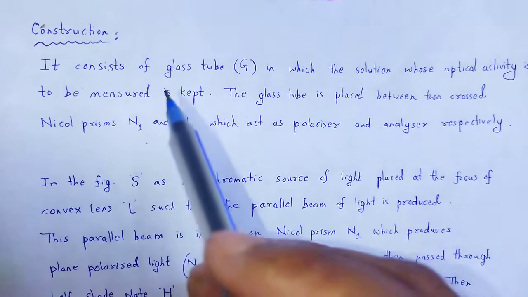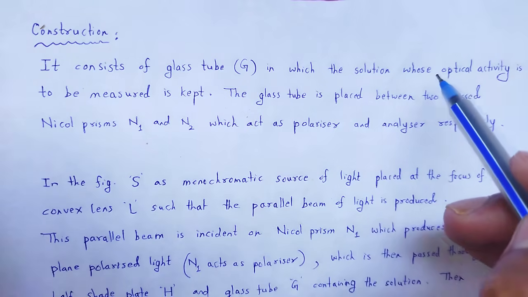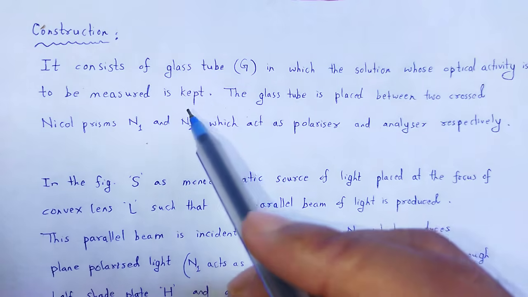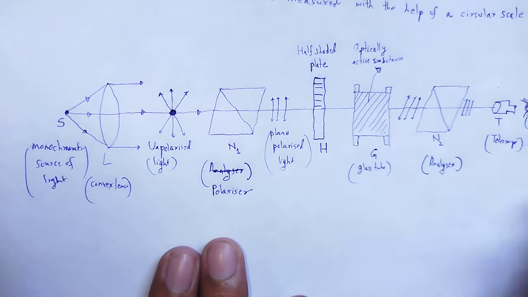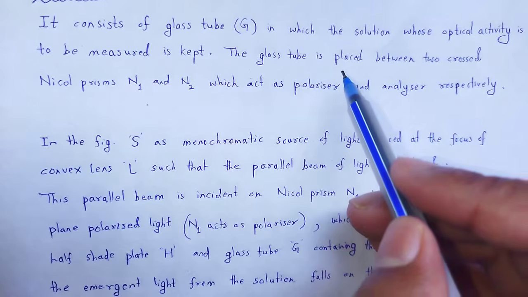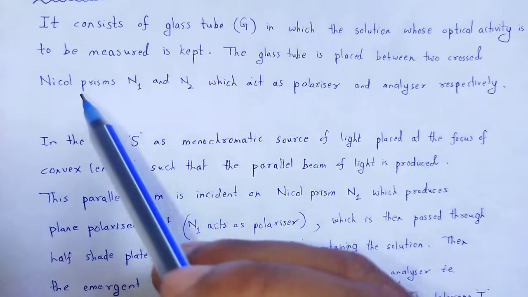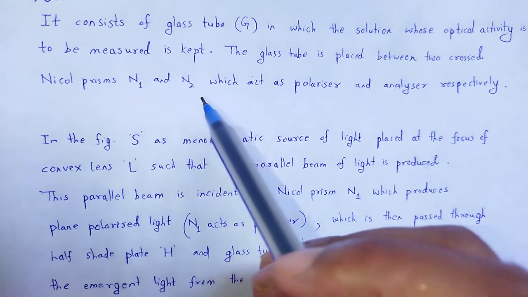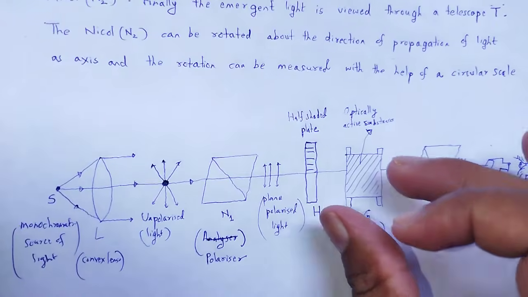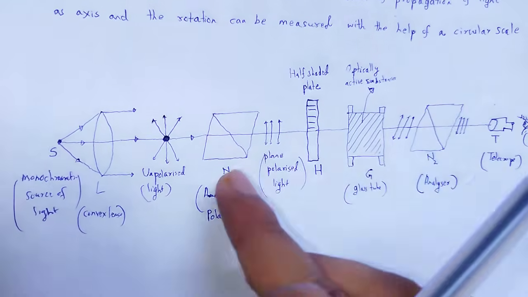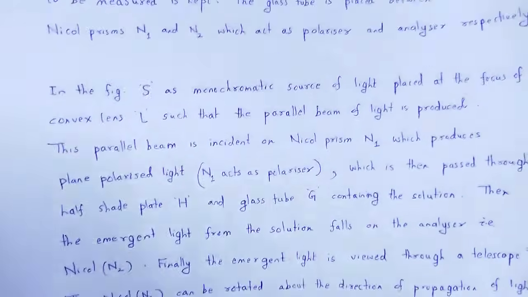In the construction part, it consists of a glass tube G, in which the solution whose optical activity is to be measured is kept. The optically active substance is placed here. The glass tube is placed between two crossed nicol prisms N1 and N2, where N1 acts as the polarizer and N2 acts as the analyzer.